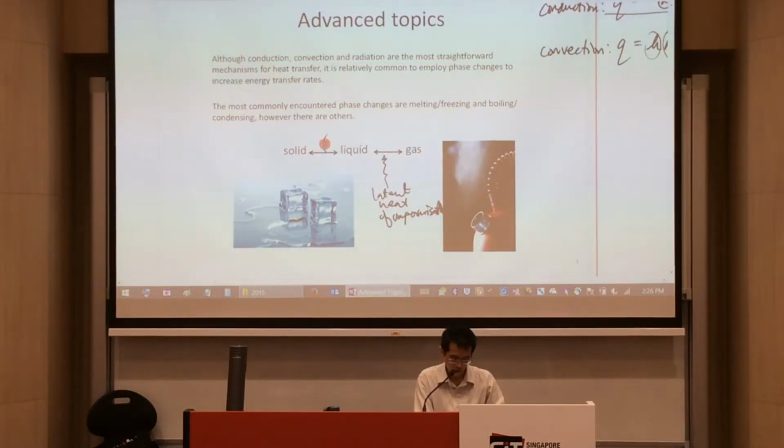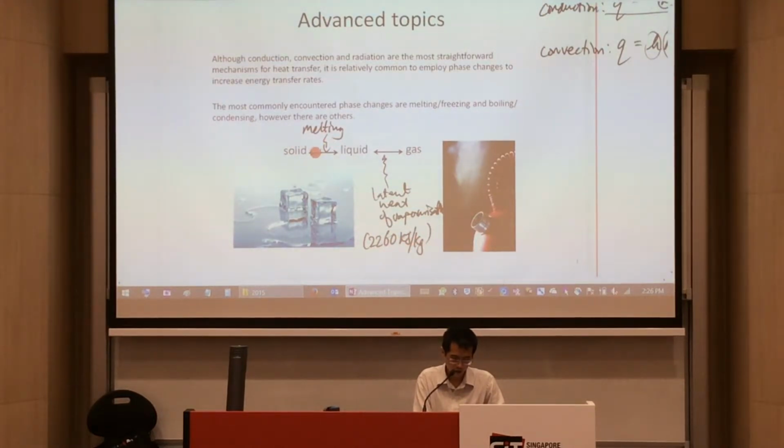And over here, from solid to liquid, that means from ice cubes to the liquid phase, we call it melting. Right? So the amount of energy that's required to change the phase from liquid to gas is 2260 kilojoules per kilogram.